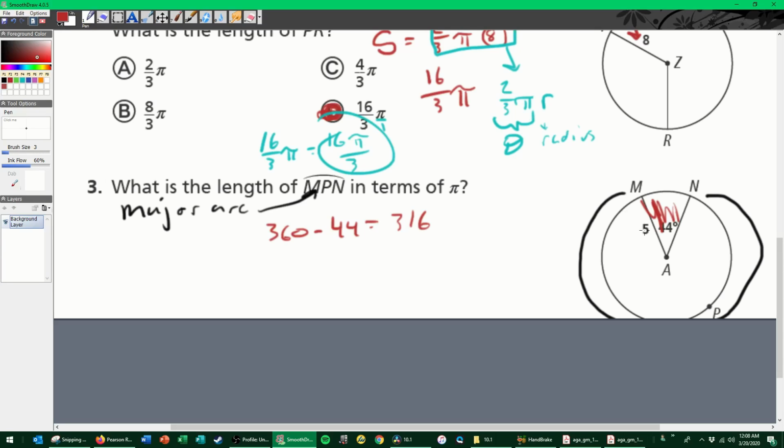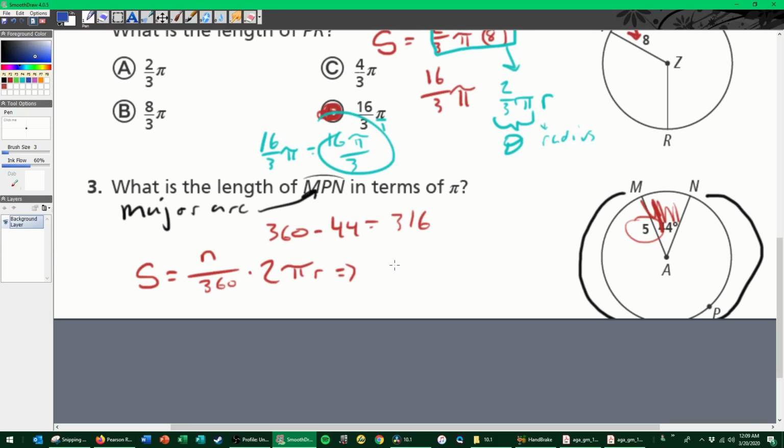So if this was a 1, I can say that MPN is 316, but since I have a radius of 5 here, I have to go ahead and do my part of my whole and all of that. So remember, the formula for that is S is equal to N over 360, and this is length, and length is first dimension, so I'm going to do 2 pi r.